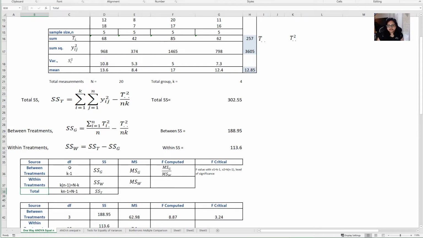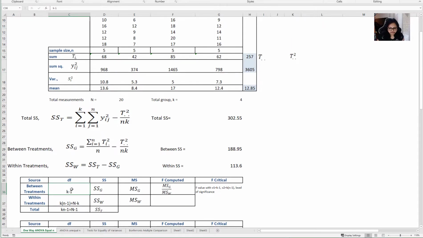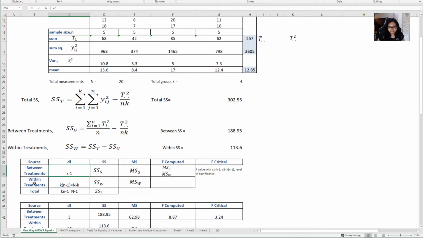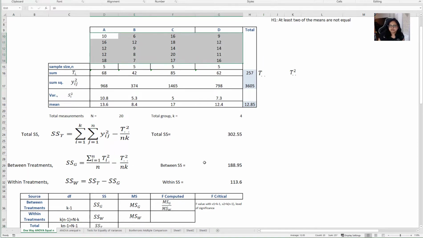For the degrees of freedom, between treatments we have k treatments, that means 4 treatments minus 1. For within treatment, the total number of observed values minus the 4 groups. And the total degrees of freedom will be the number of observed values minus 1.